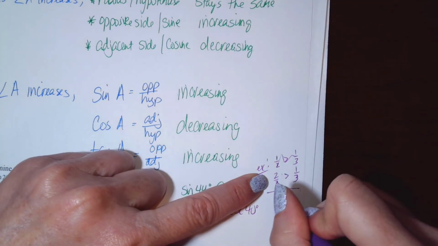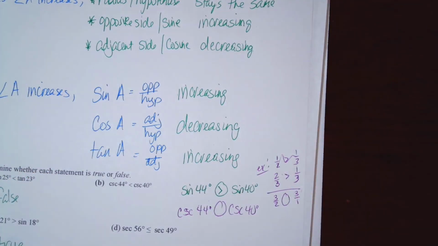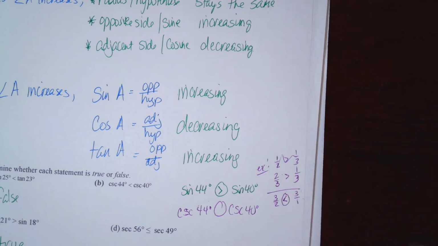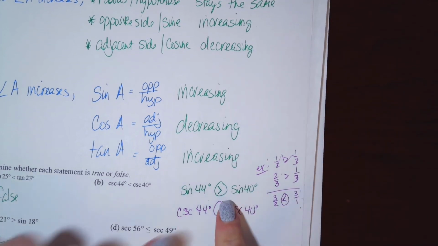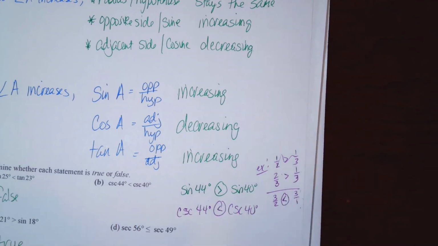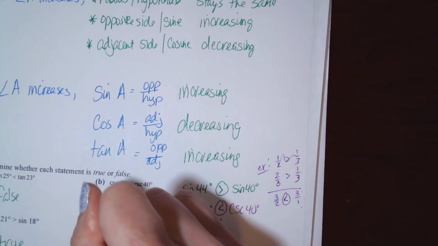Reciprocal of 2/3 is 3/2, and the reciprocal of 1/3 is 3/1. Now, which one of these is bigger? Well, 3 is more than 3/2. That's just 1.5. So 3/2 is less than 3, which means if this is a greater than situation, when I flip it, it reverses and becomes less than. That's what this says. So that is true.